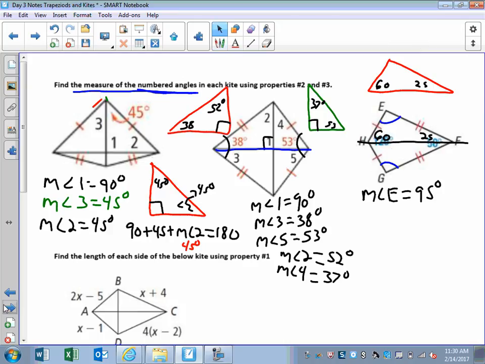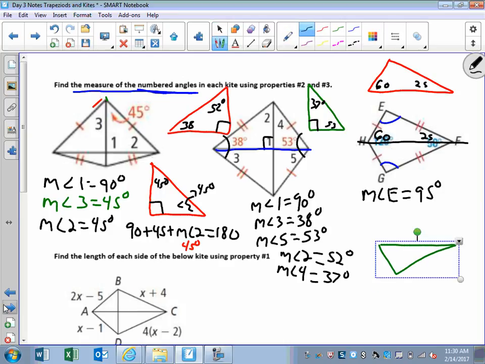And if you look, the triangle at the top is the same as the triangle at the bottom. They're going to have the same characteristics, same angles. This is 60. This is 25. This is G. So we know that angle G is also going to have to be 95.